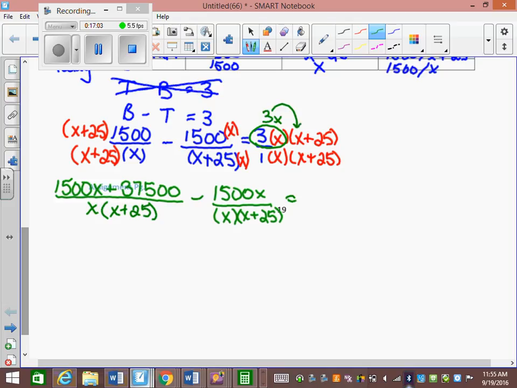So 3x times x is 3x squared. 3x times 25 plus the 75x.